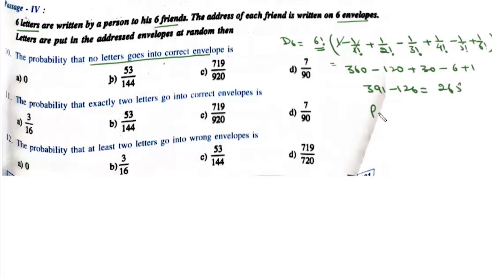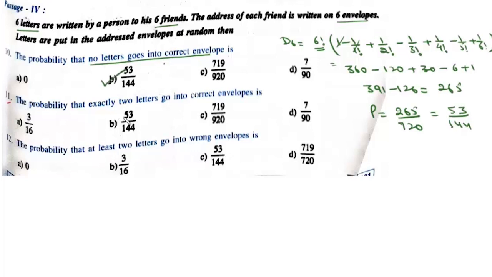So this required number is 265, and the total number of ways of distributing these 6 letters in 6 envelopes is factorial 6, which is 720. So it will be 265 upon 720. Now this is 53 upon 144, and that's your option B.